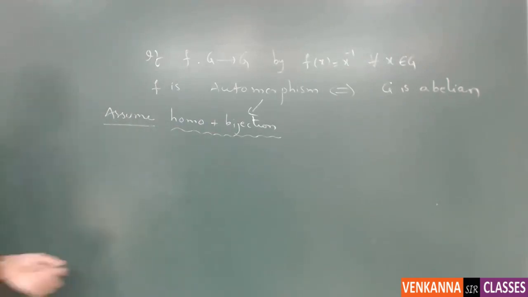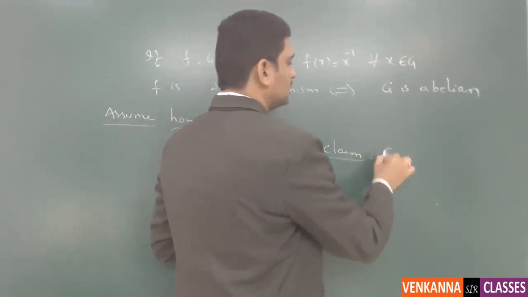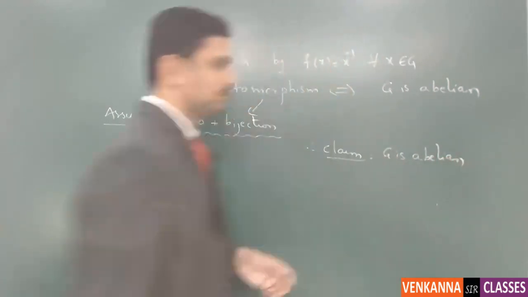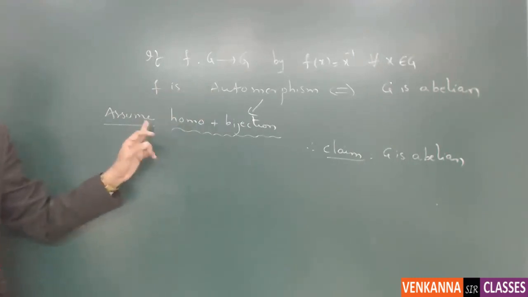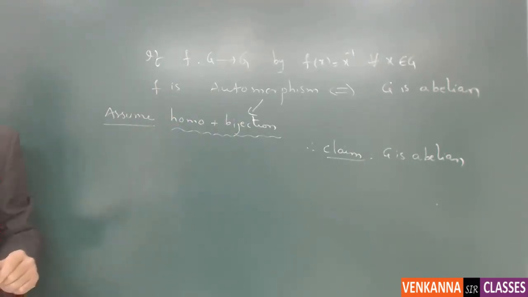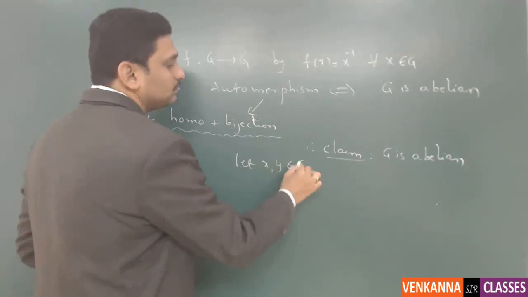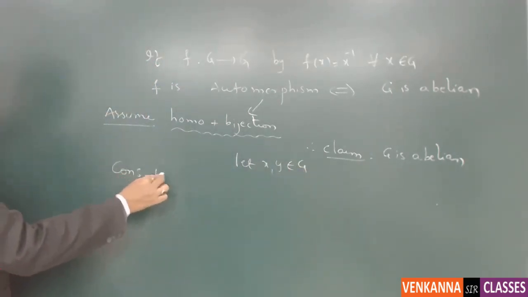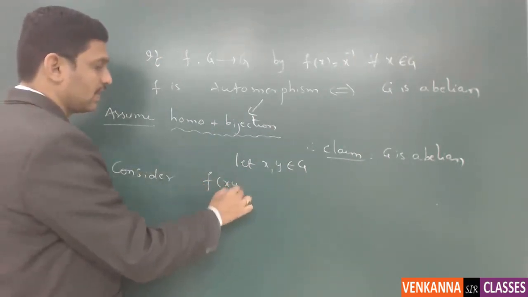Our claim is G is abelian. So f is an automorphism. We have assumed this. We have to prove that G is abelian. Now let us take two elements in the group. Now consider f of xy.